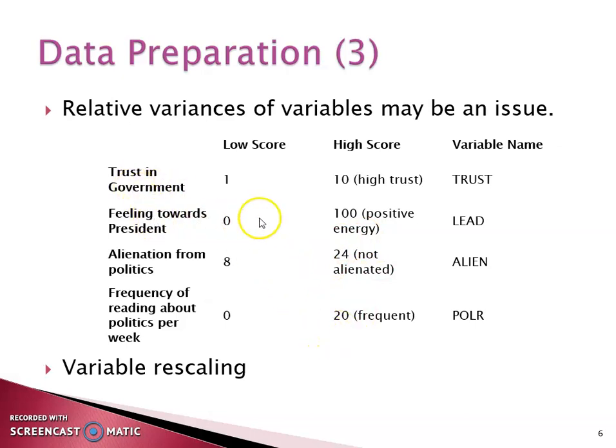For example, for the second variable, you divide all values by 4, so you have a range from 0 to 25. For the first variable, you can multiply all the values by 2, then you would have a range from 2 to 20. After the rescaling, the variances of all 4 variables will be quite comparable to each other.